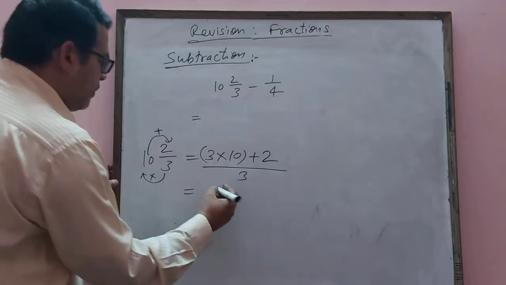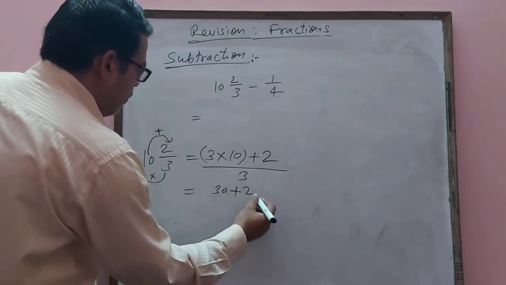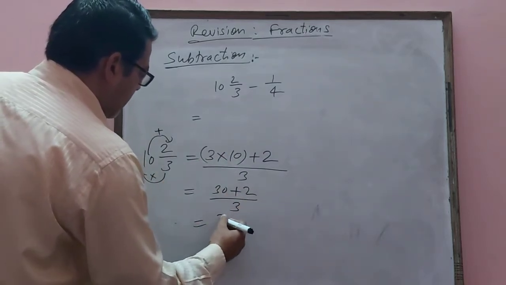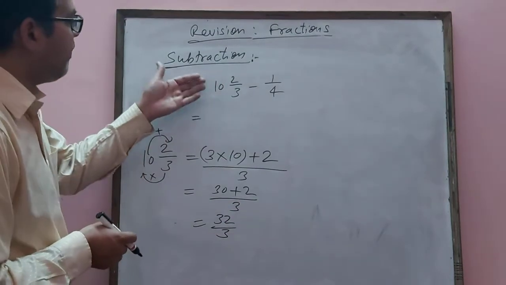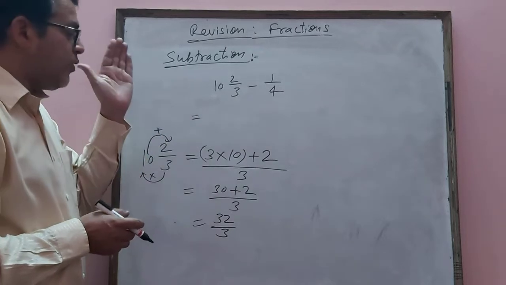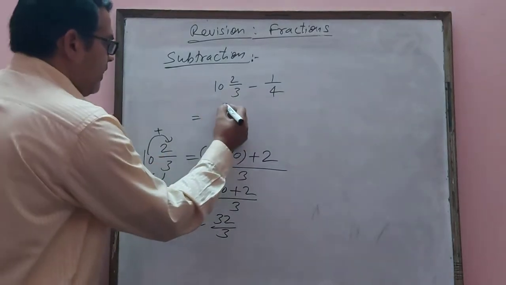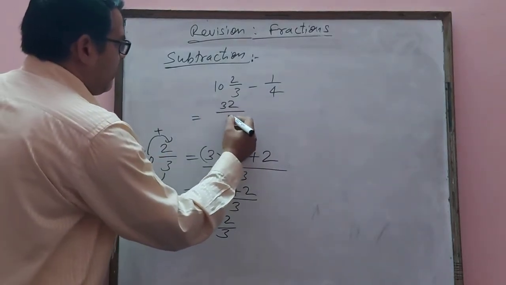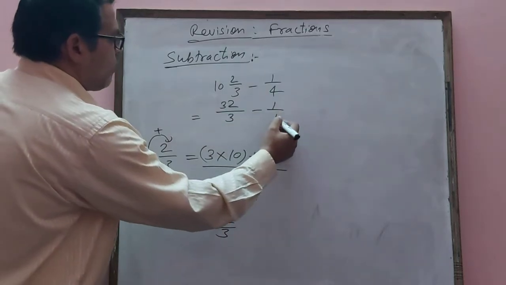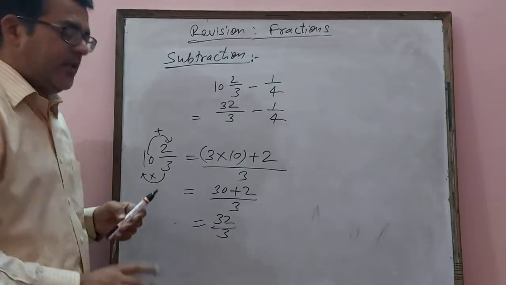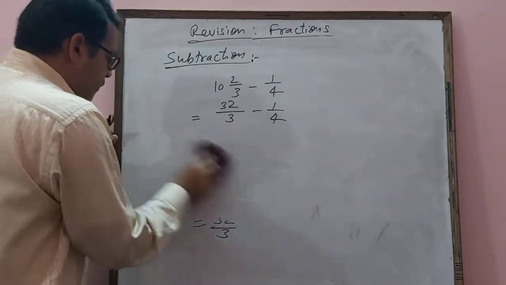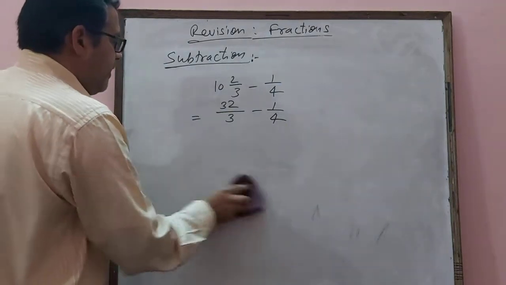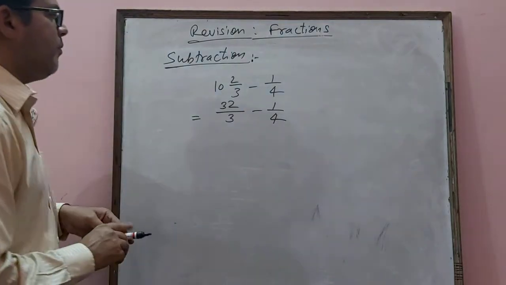Now 10 into 3, 30 we have, plus 2 by 3, that is 32 by 3. So after changing this mixed fraction into improper, we have 32 by 3 and minus 1 by 4 we can write as it is. Hope you understand this thing. You all know how we can change mixed fraction into improper fraction.